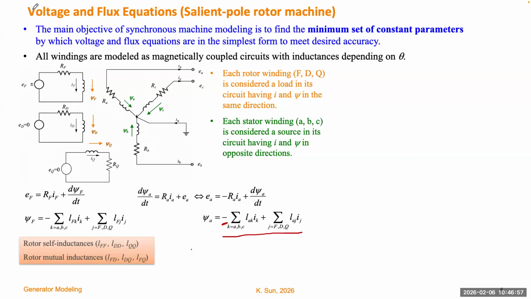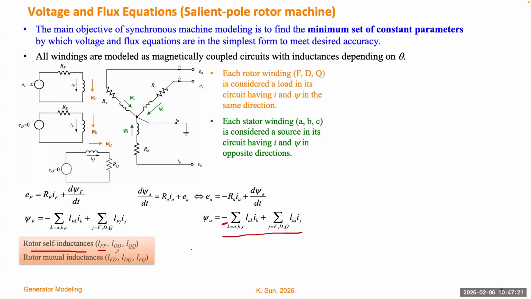Let's categorize, because the key here is to find the value of all the inductances, because the resistances can be measured or can be estimated. So if we know all the L's, all the inductances, we will have the model. There are several types of inductance. The first one is called rotor self inductances.